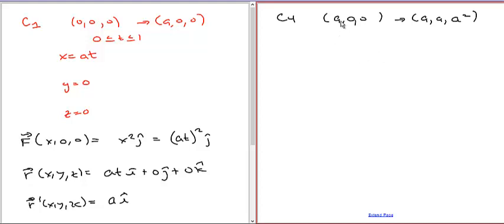So you can see that x is just a constant a. Now y, let's let t go from, again, probably 0 to 1. There's no reason not to use that. So y starts at 0 and ends at a, so it's just going to be at, and z is going to be a squared times t, or a t, what is it going to be?